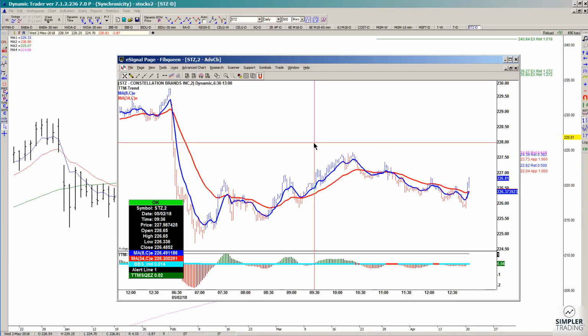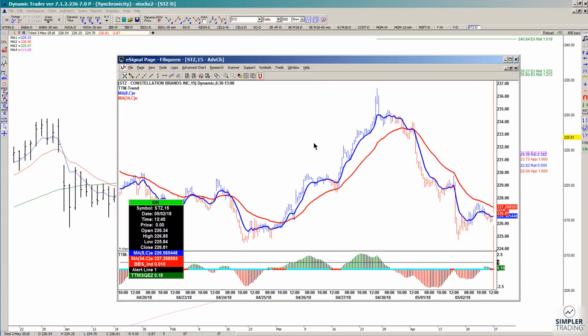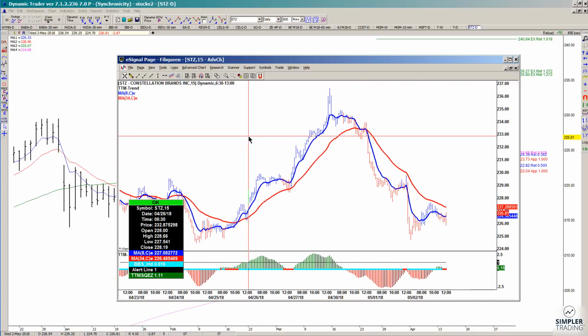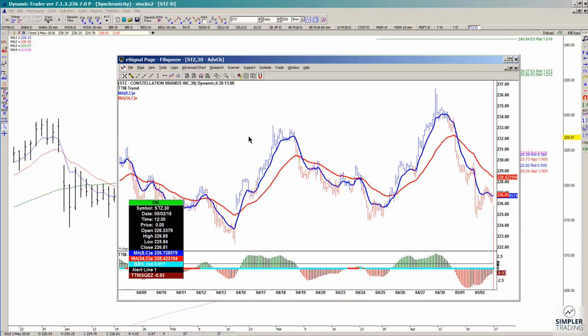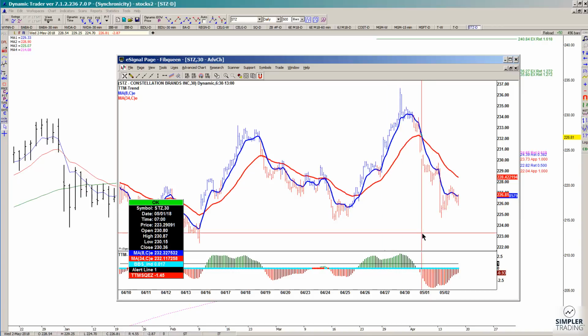But if you're going to look to take it overnight, typically what we look for is either the aggressive swing trade trigger, which has not even fired off yet, because we did not have the moving average crossover to the upside, or the 30-minute, which is not as aggressive, and that has not triggered on the buy side yet.